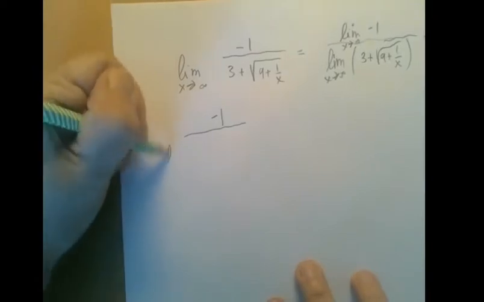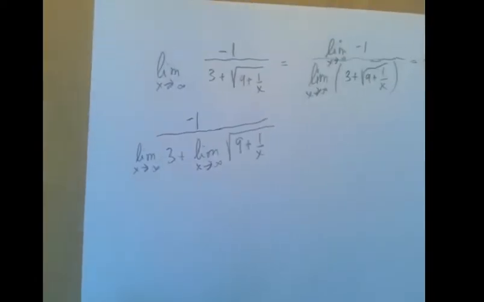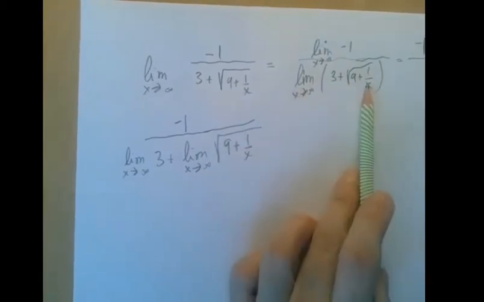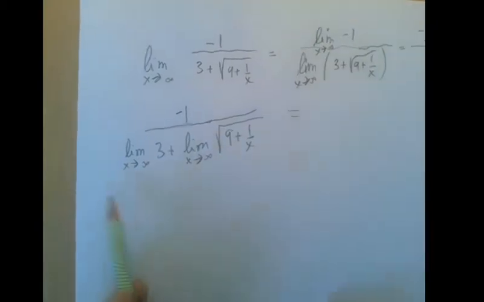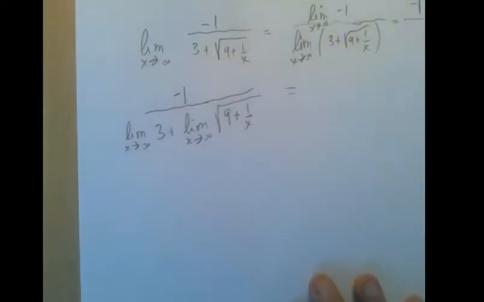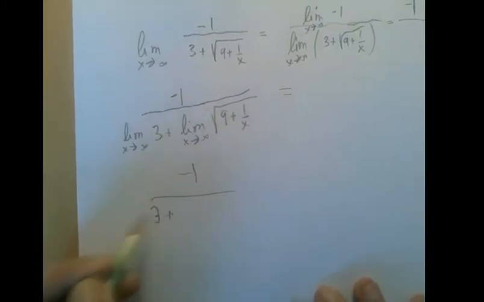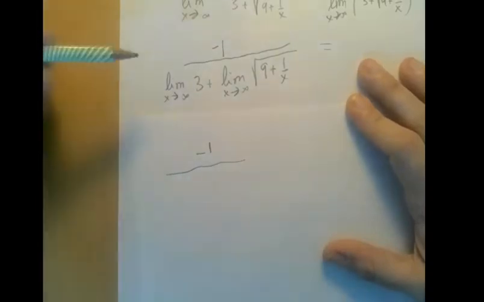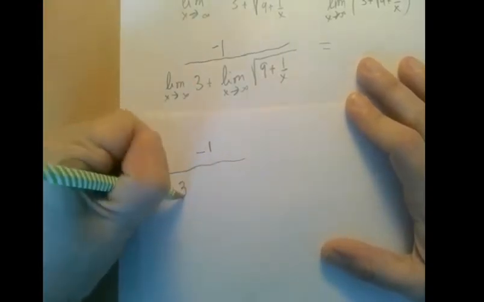The denominator, we say that the limit of this sum is the sum of the limits. And then next, by the constant rule, the first term in the sum is a constant 3, and so the limit of the constant function 3 as x approaches infinity is 3.